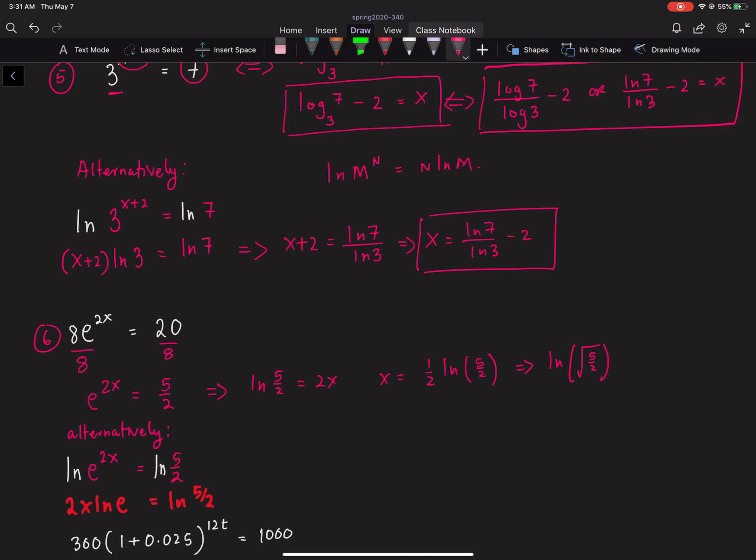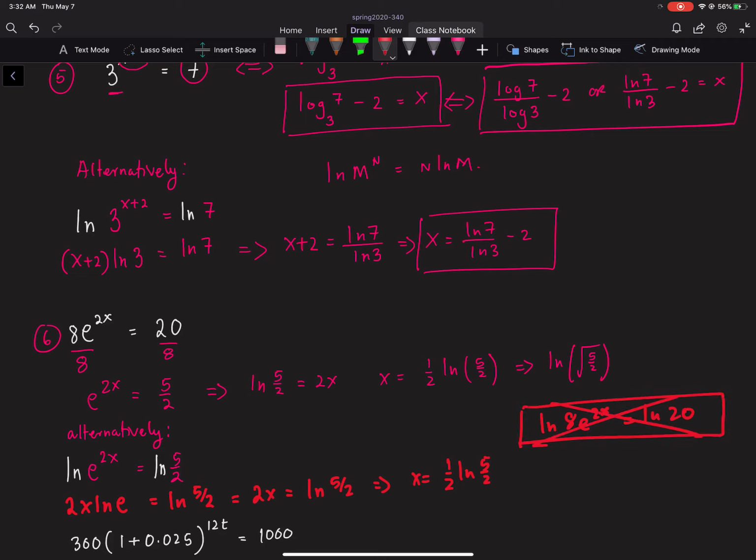Now, ln of e, we know by now, is 1. So I am seeing 2x is equal to ln 5 over 2, which becomes x is equal to 1/2 ln 5 over 2. All right. What I don't want you to get into the habit of doing is doing ln 8 e to the 2x is equal to ln 20. Don't get into the habit of doing this.